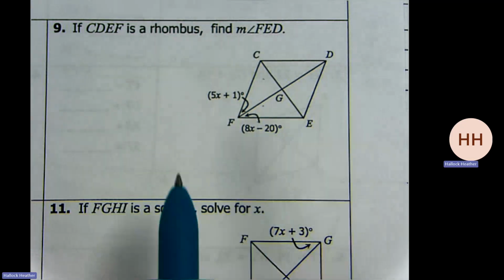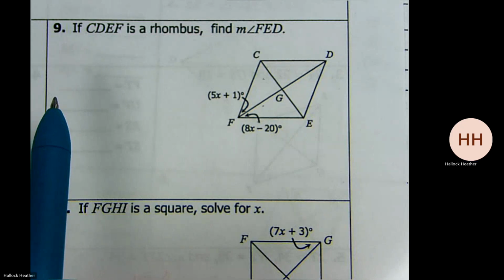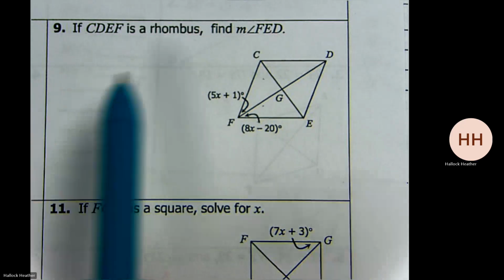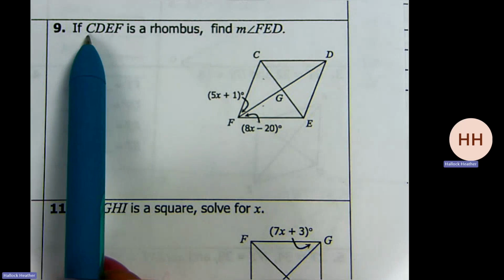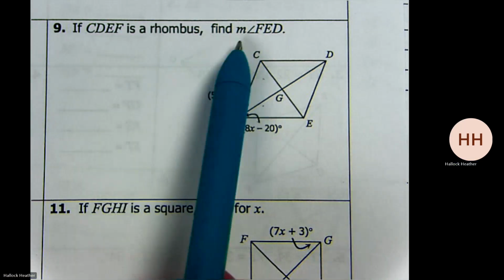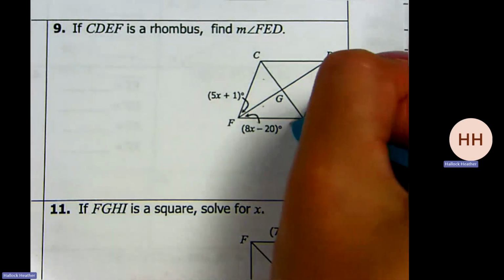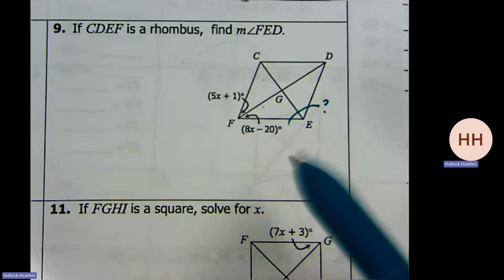Is this the same problem? No, it's not. Okay. CDEF is a rhombus. Find the measure of FED. So FED is this angle right here that I'm trying to find.